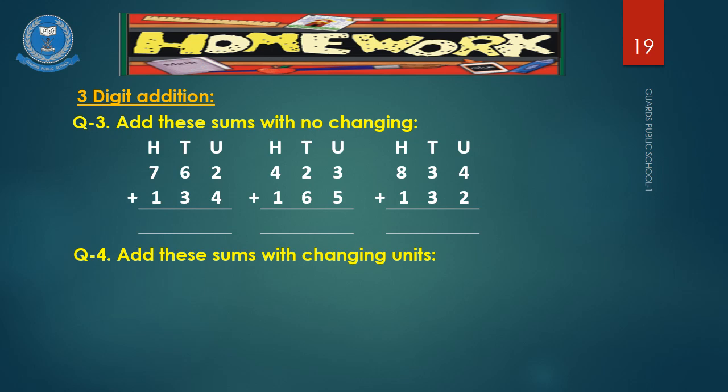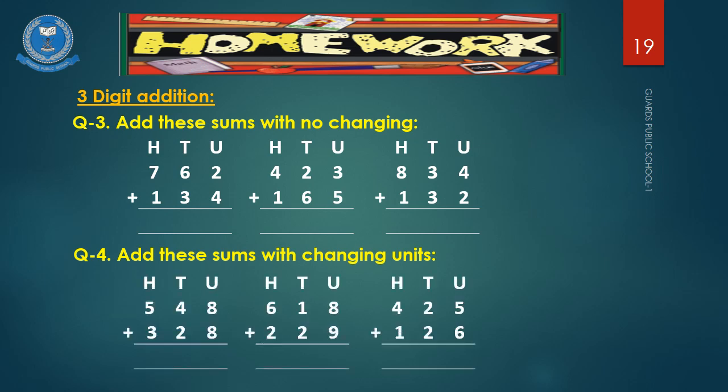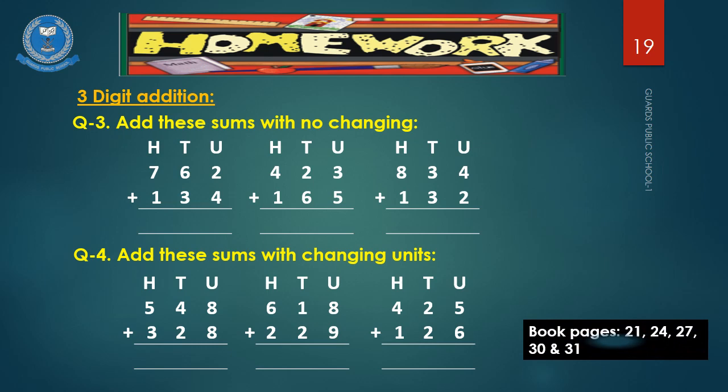In question number 4, you will have to solve these three-digit sums with carrying. After this, you will have to complete book pages, that is page number 21, 24, 27, 30 and 31.